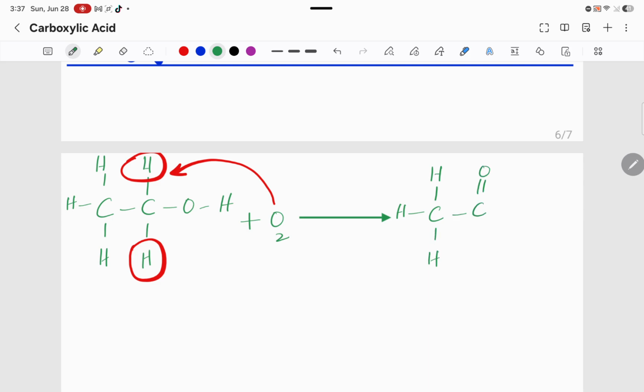There would be C double bond O instead, and this OH will be at its place. Like this.